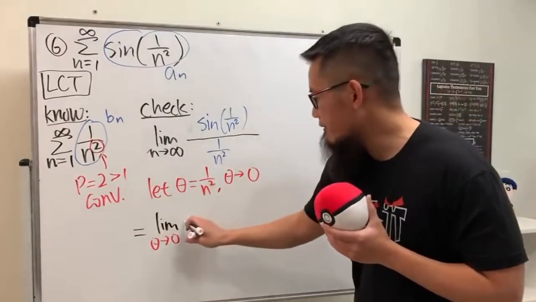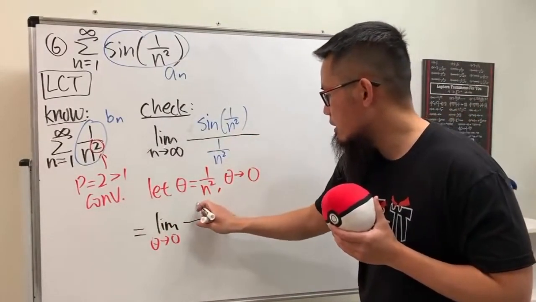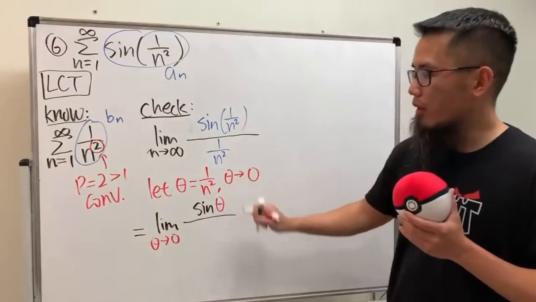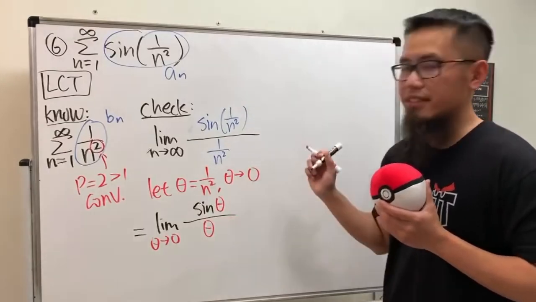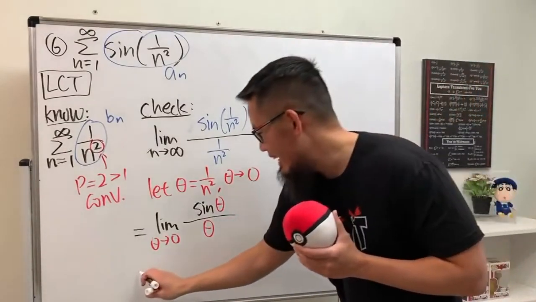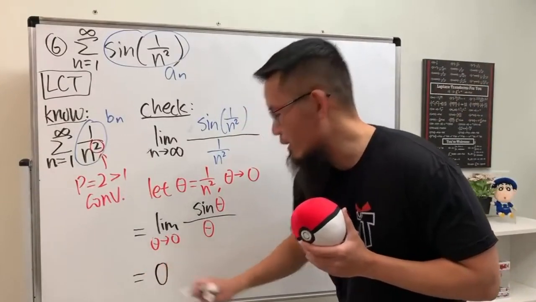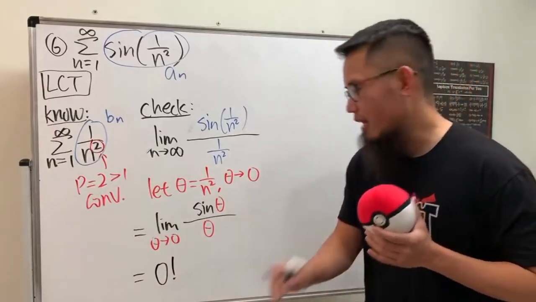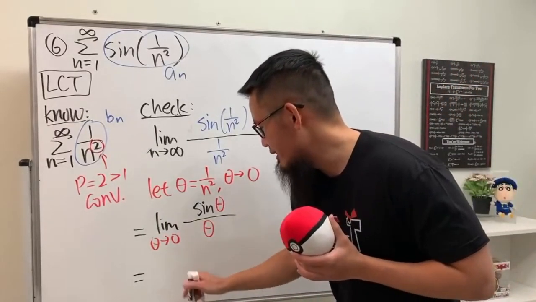And then we just have sine of theta over the bottom, which is also theta, isn't it? And this right here is the famous limit. And the answer for that is equal to 0. Factorial. Okay, I will stop. I'm sorry, it's just equal to 1.